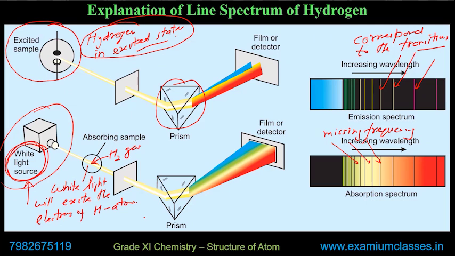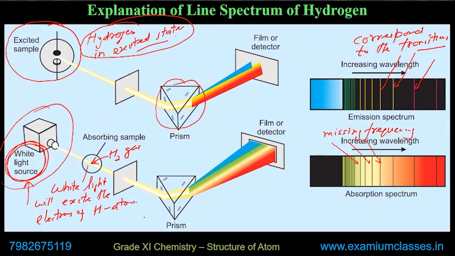The electron will be excited from n equals 1 to some other orbit. It cannot be in just any orbit. It will be only in 2, or 3, or 4. It cannot be in 2.5, 3.5, or 3.1. Yes, sir, integral orbits, integral values.